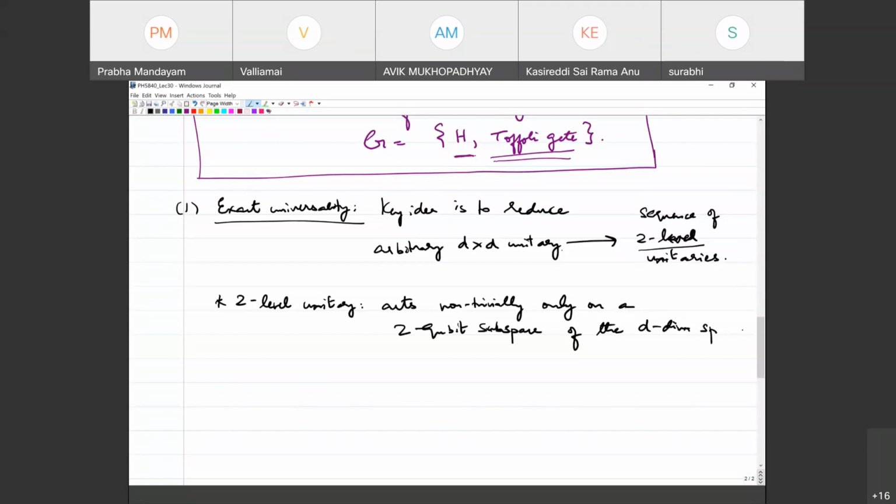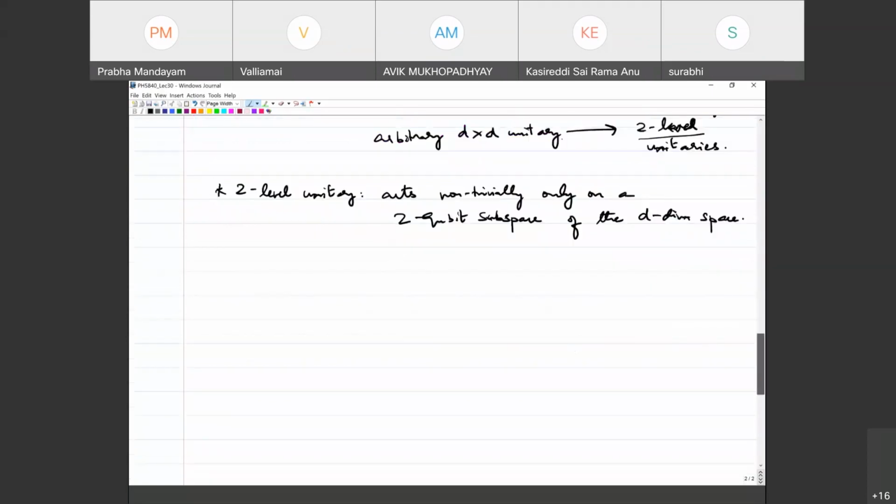Okay. So the idea is that you have some d cross d unitary matrix. Now, this of course will be realized only as a product of several d cross d matrices, right? But now the idea is to break it down into a sequence of d cross d unitaries which act non-trivially only on some two-dimensional subspace.